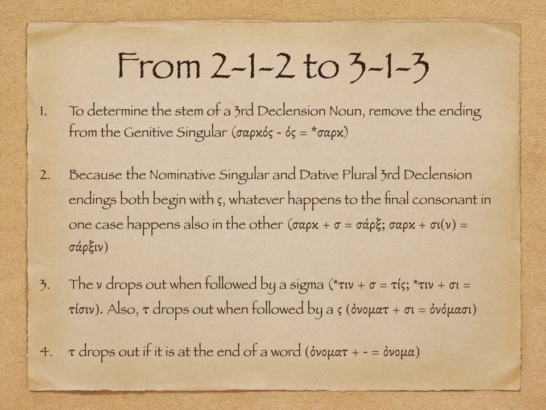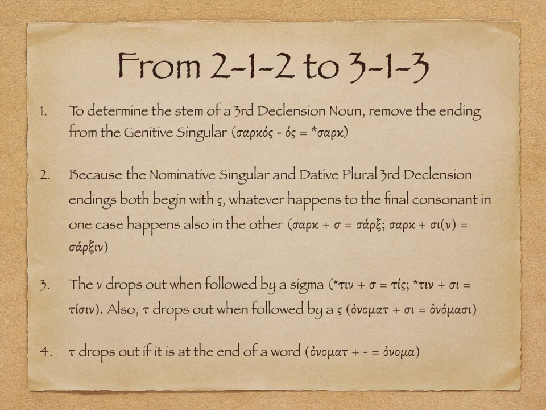You have the stem. Number 2, because the nominative singular and the dative plural third declension endings both begin with sigma, whatever happens to the final consonant in one case happens also in the other. Look at our paradigm here for sarks again. Sark is the stem, add sigma for the nominative singular, and we'll learn a rule in a bit that when a kappa and sigma come together, they form a xi.